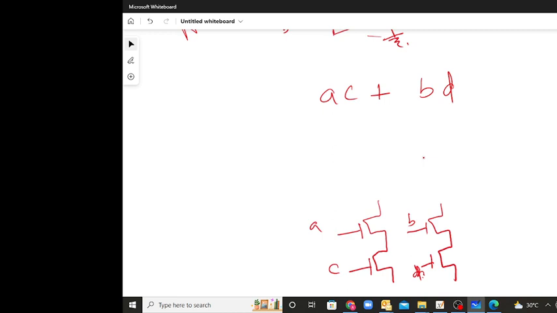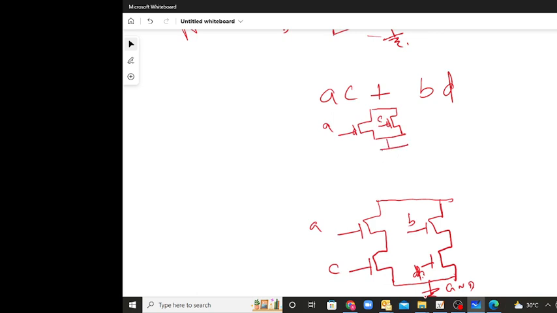Now this is one term implemented, this is another term implemented, connect them in parallel, and at the bottom you give it to ground, and just put it the other way here. So connect it in parallel here, put a bubble here, so AC.